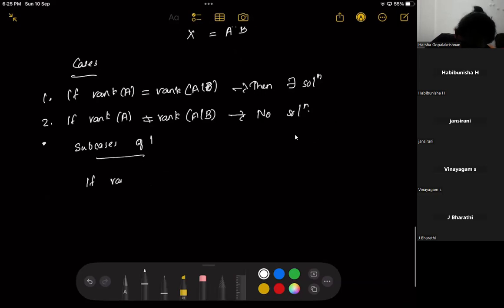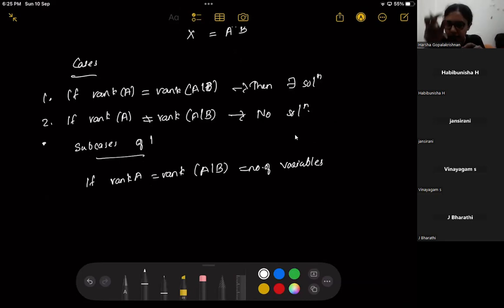Now, if rank of A equals rank of A|B, which equals the number of variables. Okay, number of variables means X is a column, X1, X2, up to Xn, something like that. So, the number of rows of X is the number of variables. So, if rank of A equals rank of A|B equals number of variables, then the solution is unique.